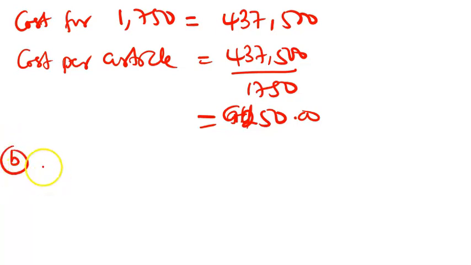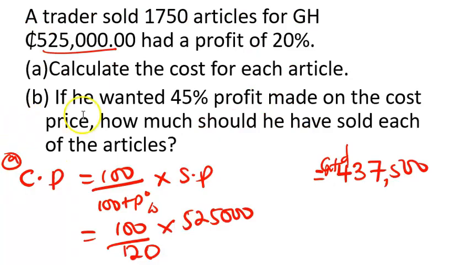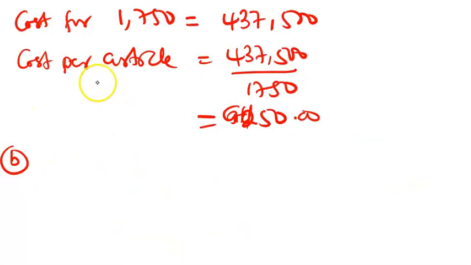The other question said, if he wanted 45% profit made on the cost price, how much should he have sold each of the articles? Okay, now cost per article is 250, so we can use this one to do it. So cost per each article is that.